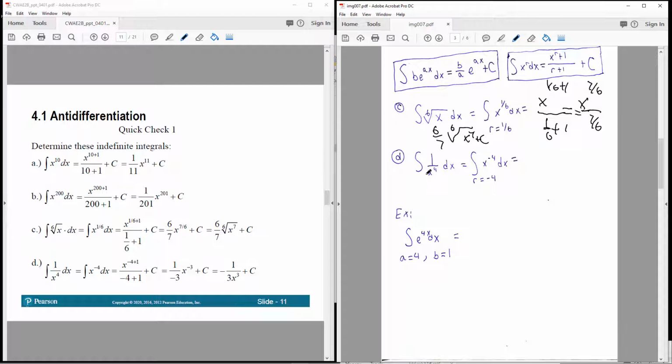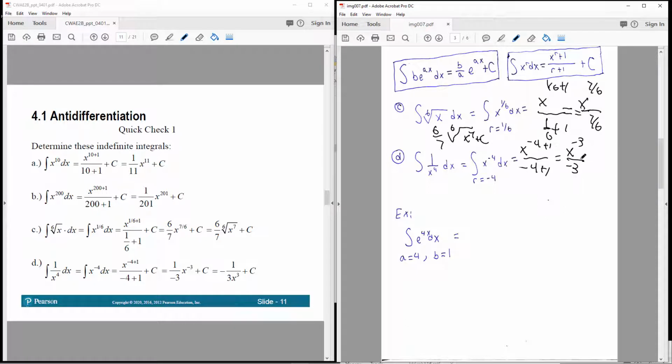This next one here, we have 1 over x to the 4th. We have an exponent r is equal to negative 4. So I'm going to have negative 4 plus 1. I'm going to have x raised to the negative 4 plus 1, which gives me x to the minus 3 over negative 3.